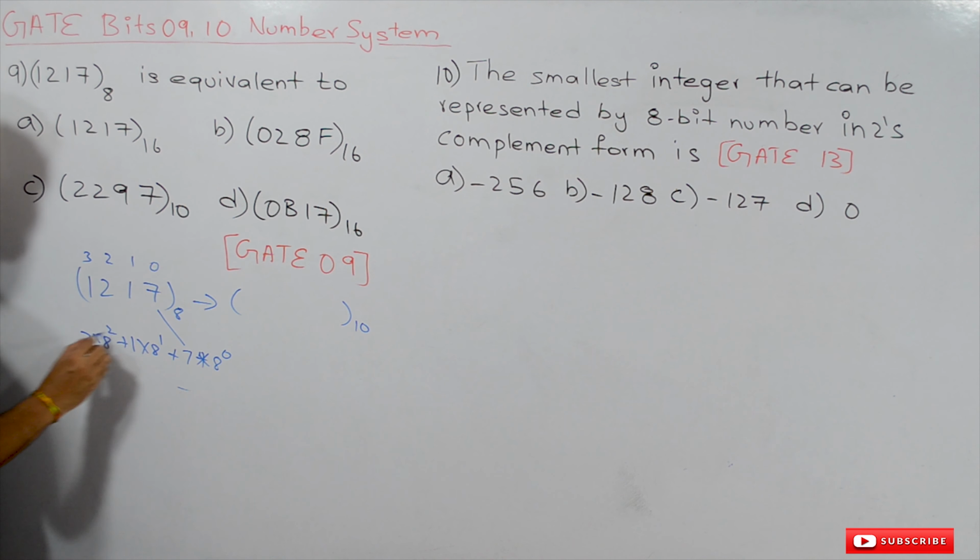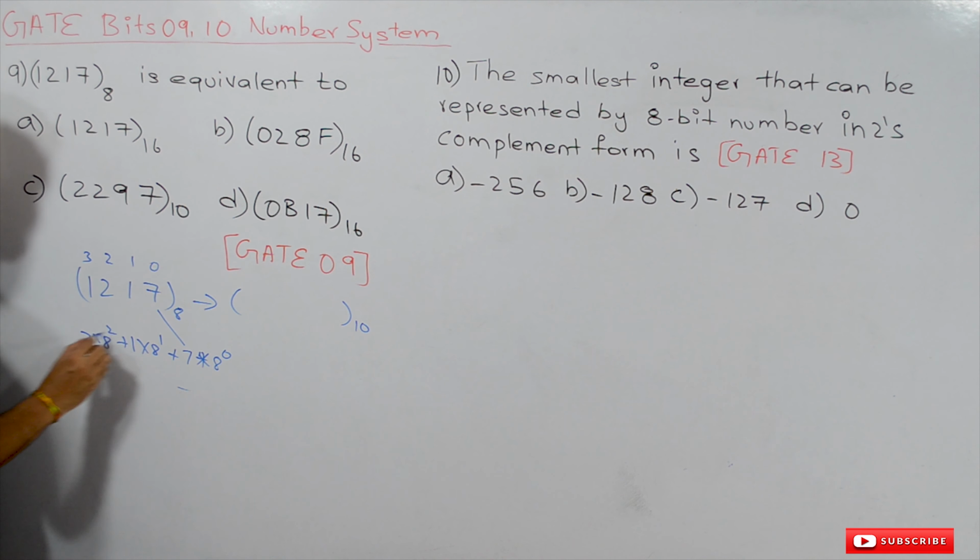8 power 3 is 64 into 8, which is 512, and 64 into 2 is 128, plus 8 plus 7. What is the sum of all these values?